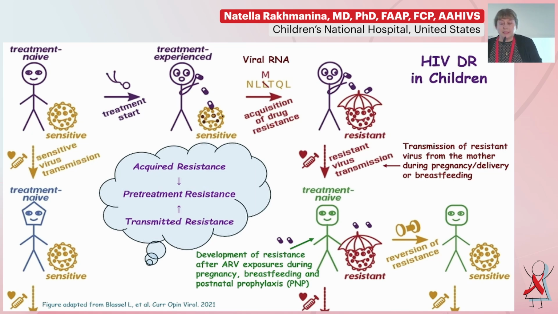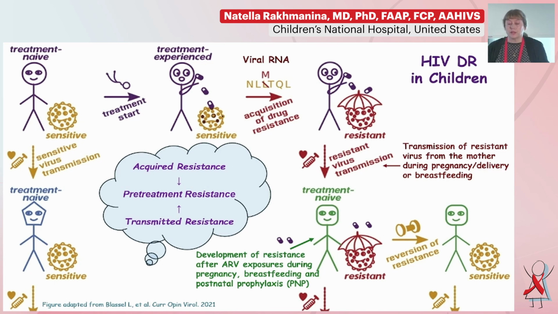But let's look at the types of HIV drug resistance in children. On the top, you are seeing the most common type of HIV drug resistance, which is acquired HIV drug resistance, which arises as a result of antiretroviral treatment. However, you can also acquire HIV drug resistance prior to even your diagnosis, so before going on ART.